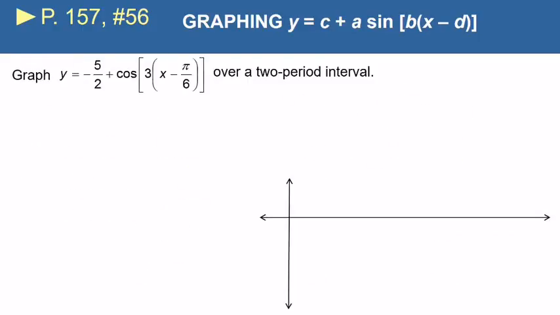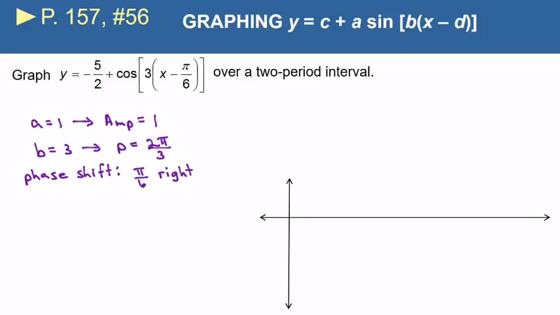Okay, here's one more. We've got -5/2 plus 1 cosine of 3 times x minus π/6. And again, we'll do 2 periods. So A here is 1, amplitude therefore is 1. B is 3, and period therefore is 2π/3. And let's go ahead and get phase shift.